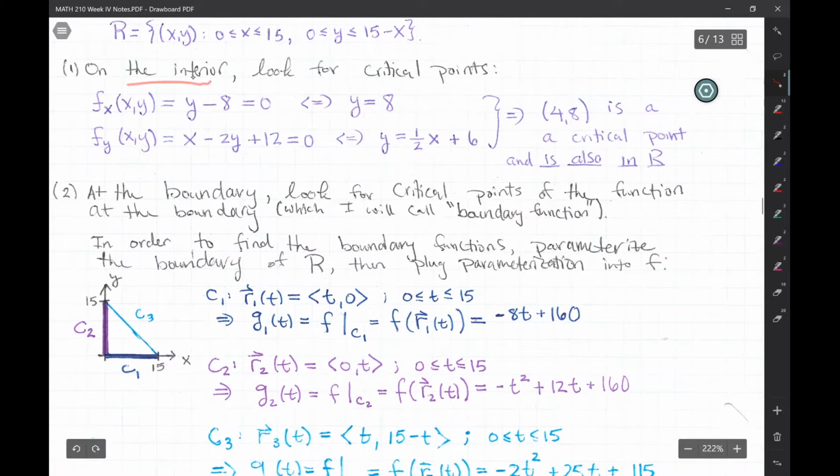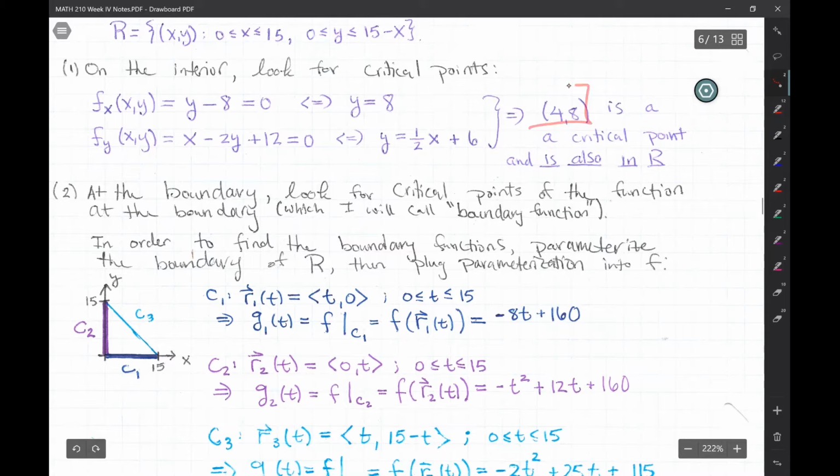So on the interior, generally speaking, look for critical points. So take the partial derivative with respect to x and y, and set them equal to 0. Here we get a line as a solution, the line y equals 8. And here we get another line. And what is a critical point? Where these two lines intersect. So in other words, where the partial derivatives are simultaneously 0, you could take this 8 and plug it in here, for example, and solve for x, and you will get 4.